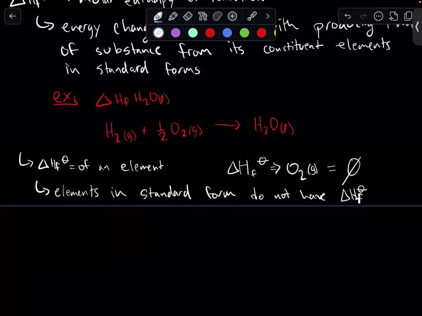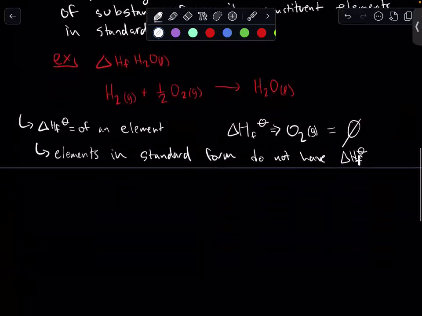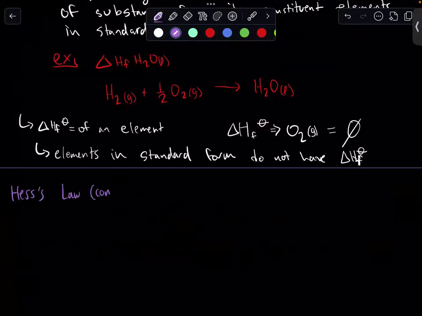So where do we actually use delta HF and delta HC? Well, it turns out we go right back to Hess's law. And we're going to look at it with combustion first, and then we'll look at it with formation.